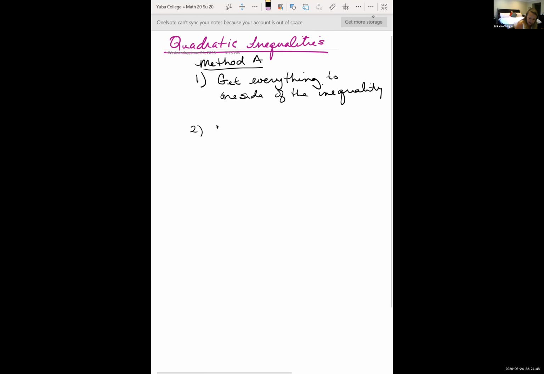You're going to graph the one side. You're going to find your x-intercepts.